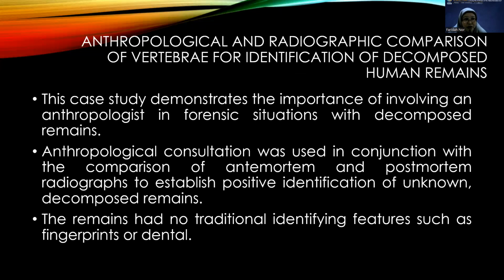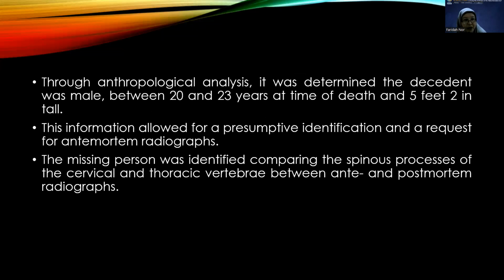The comparison between anthropology and radiography in the identification of the vertebrae of decomposed human remains has been used for comparison between antemortem and postmortem radiographs to identify the unknown decomposed remains. Through anthropological analysis, it can be determined that the deceased person is a male, 23 years at the time of death, with certain measurements in height.